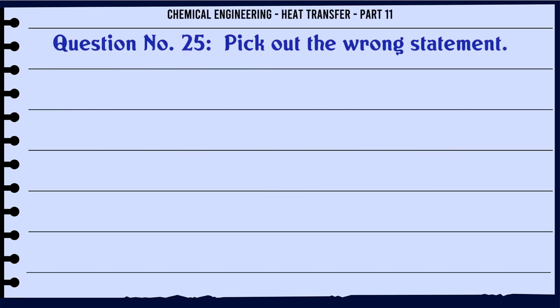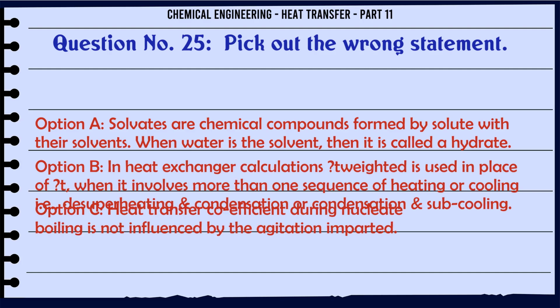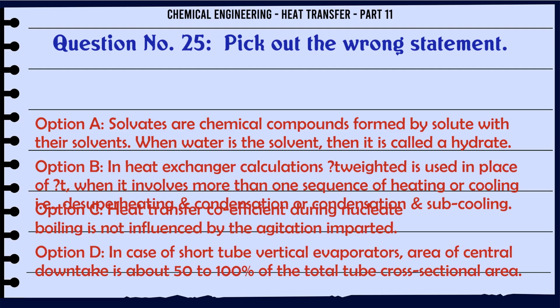Pick out the wrong statement. A. Solvates are chemical compounds formed by solute with their solvents. When water is the solvent, then it is called a hydrate. B. In heat exchanger calculations, ΔT weighted is used in place of ΔT when it involves more than one sequence of heating or cooling, i.e. superheating, condensation or condensation, subcooling.